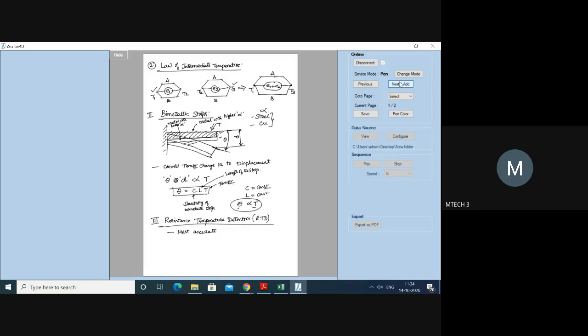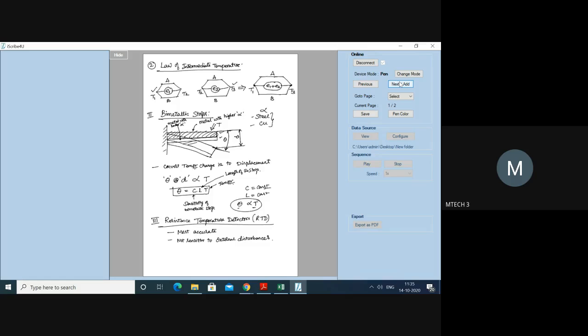The resistance temperature detector, that is RTD, is the one which is most accurate, and it is going to be largely used. Very important: it is not sensitive to external disturbances.